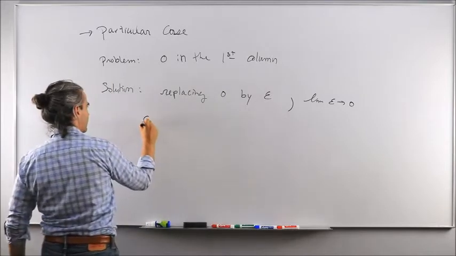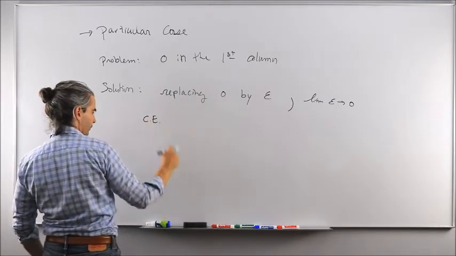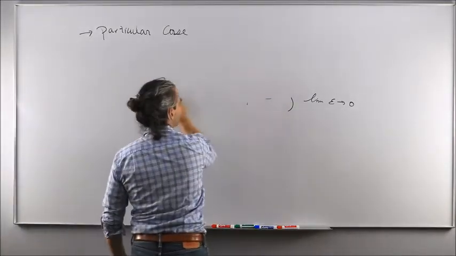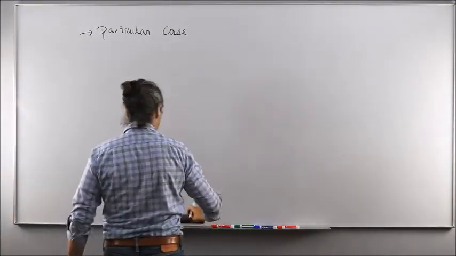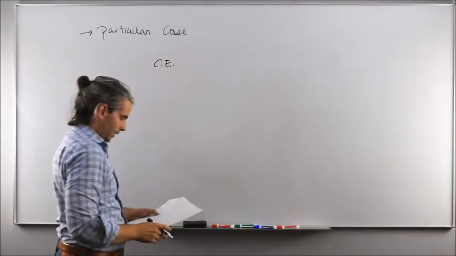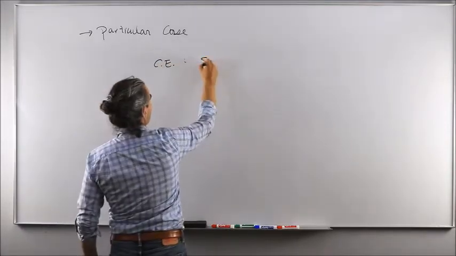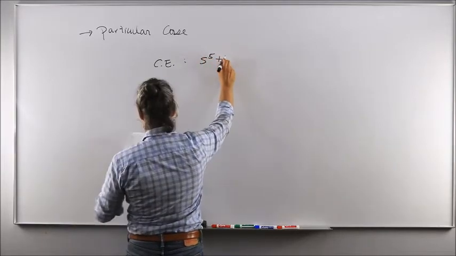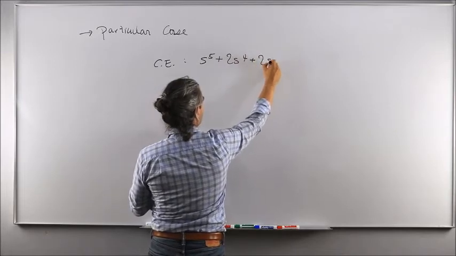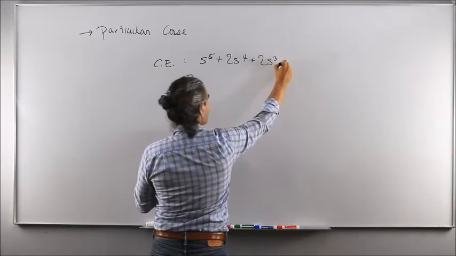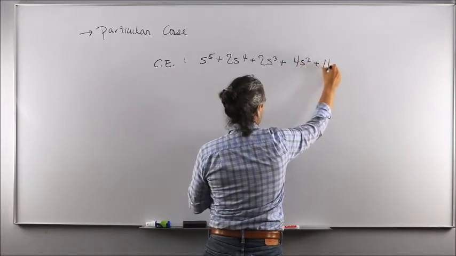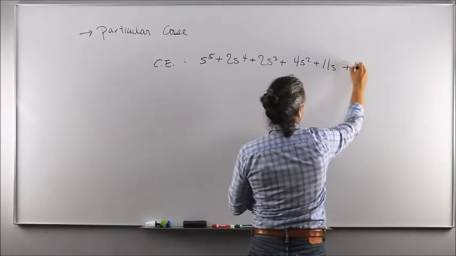So let's say that my characteristic equation would be s^5 plus 2s^4 plus 2s^3 plus 4s^2 plus 11s plus 10.